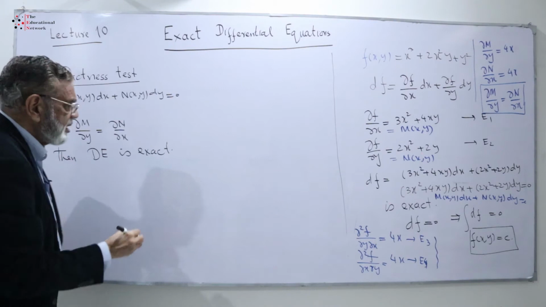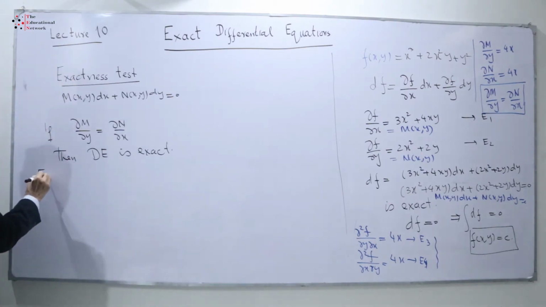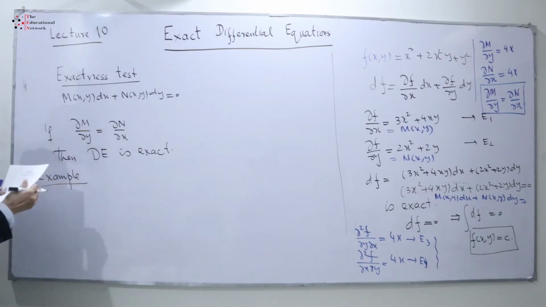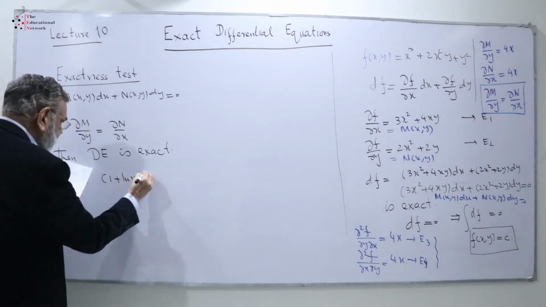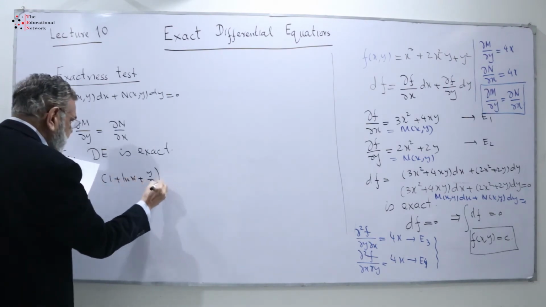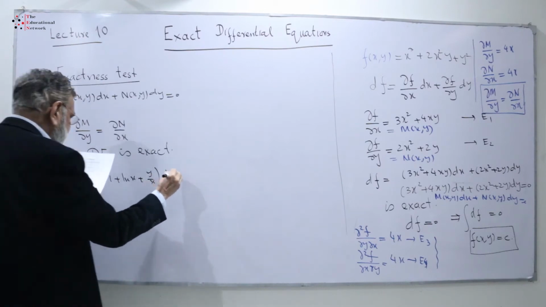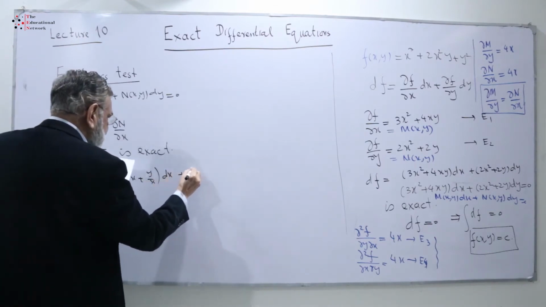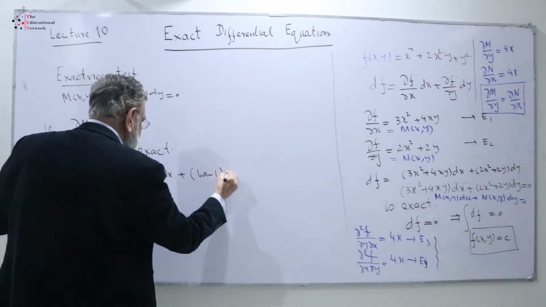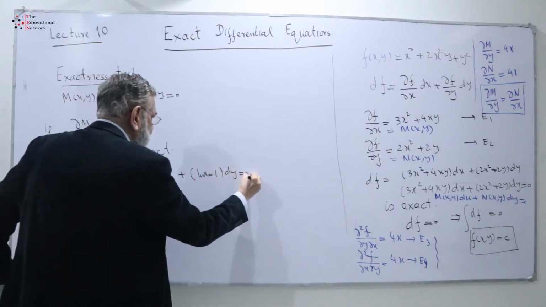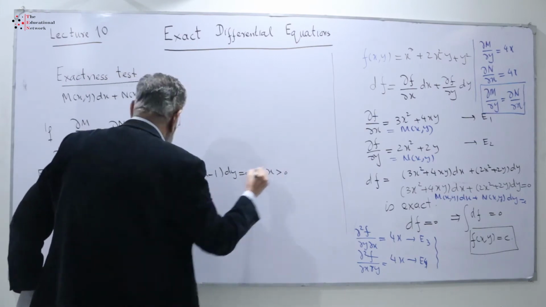Already we have done one example. I leave that one and take another example to show this. We have the equation (1 plus ln x plus y upon x) dx plus (ln x minus 1) dy equal to 0, where x is bigger than 0.